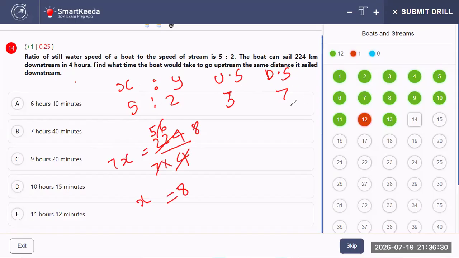If x is equal to 8, this is 56, this is 24, this is 40, and this is 16. Find what time the boat would take to go upstream the same distance. It sails downstream 24.